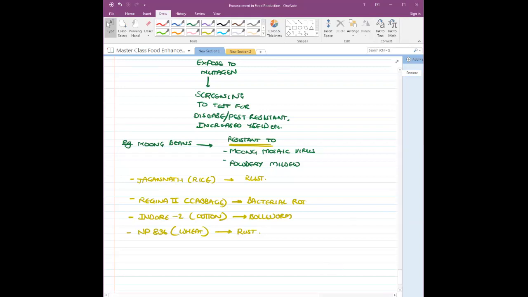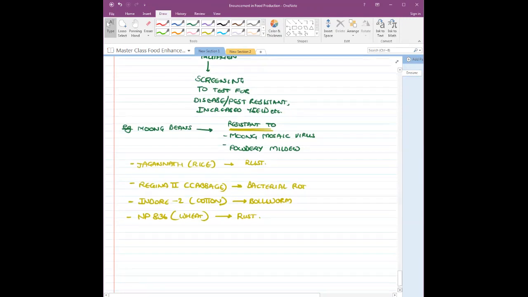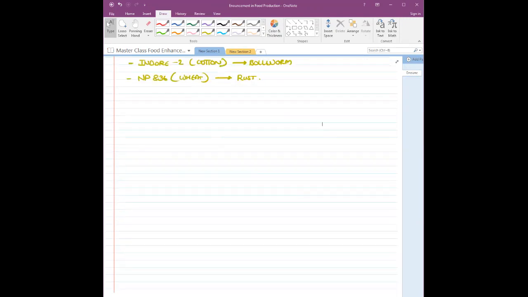So, guys, now let's move ahead and see the next thing. Just like we developed plants for disease resistance, in the same way we can also develop them for pest resistance. So let's see what we are really going to do for pest resistance.